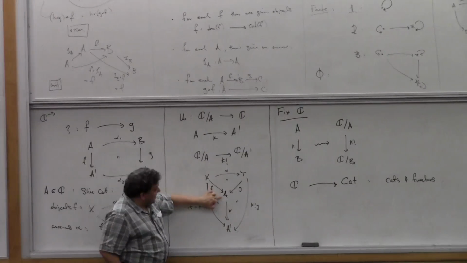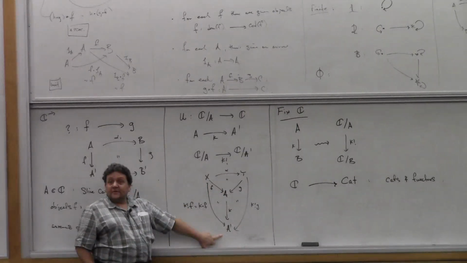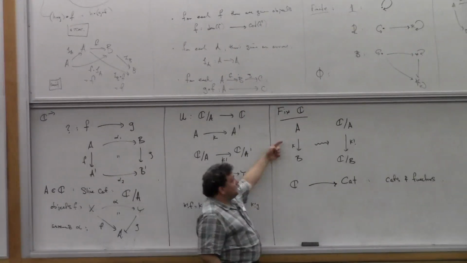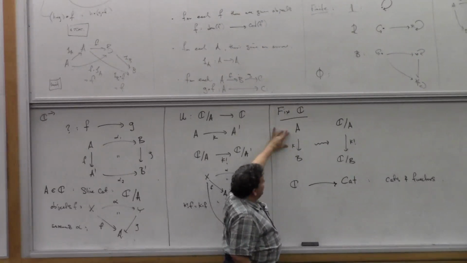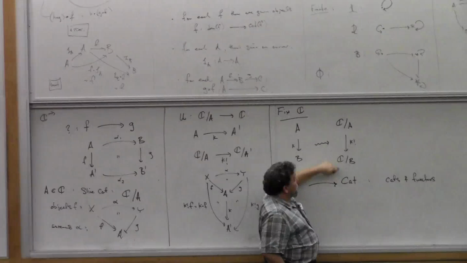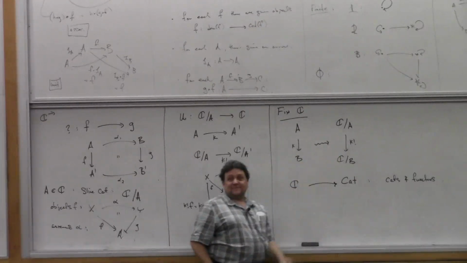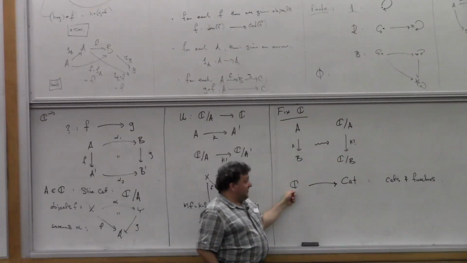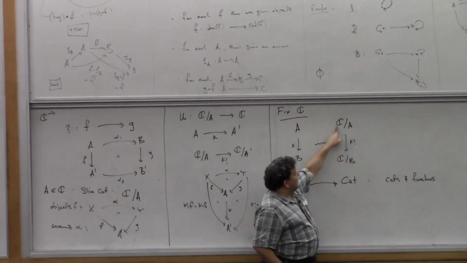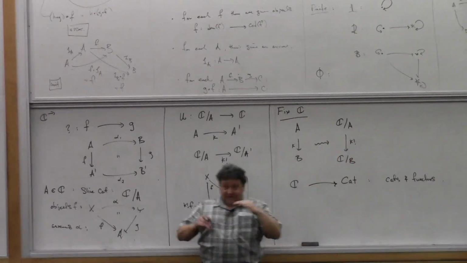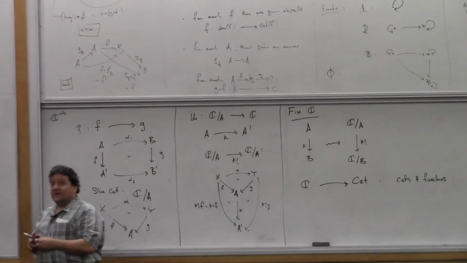It takes triangles over A to triangles over A prime. And now I'm saying that assignment, which takes objects and arrows as categories and functors, is itself a functor from the category C into the category of all categories. The objects of categories and arrows. So you have kind of three different levels going on here.